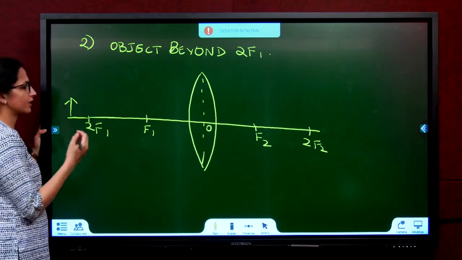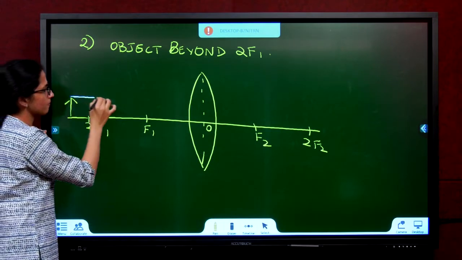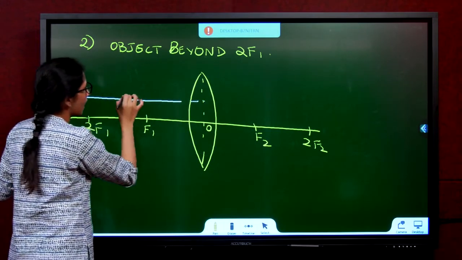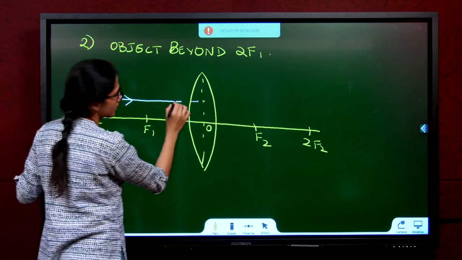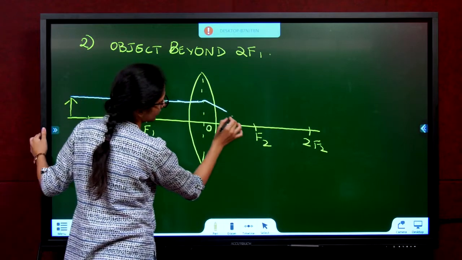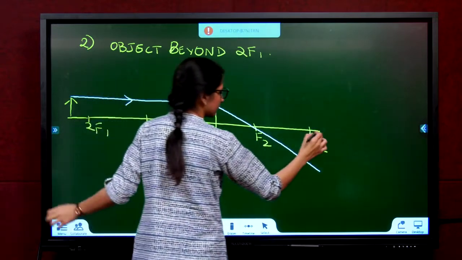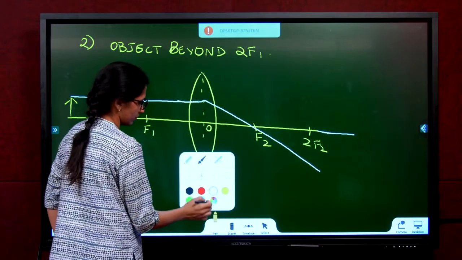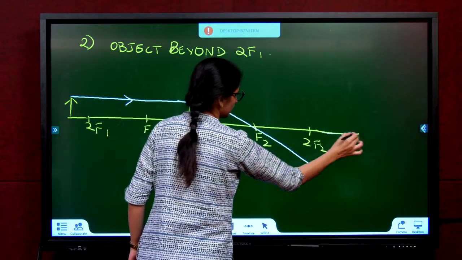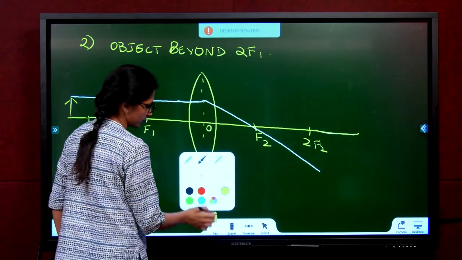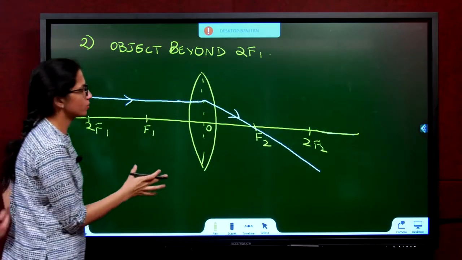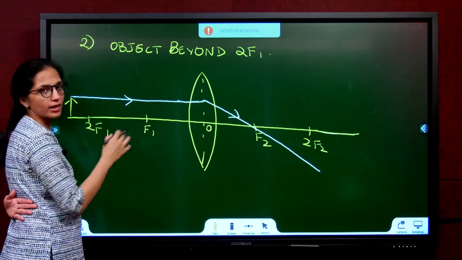Now, first you can take the parallel ray. A ray going parallel to the principal axis after refraction passes through the focus. Correct? Please put the arrows, one arrow before the lens, one arrow after the lens.